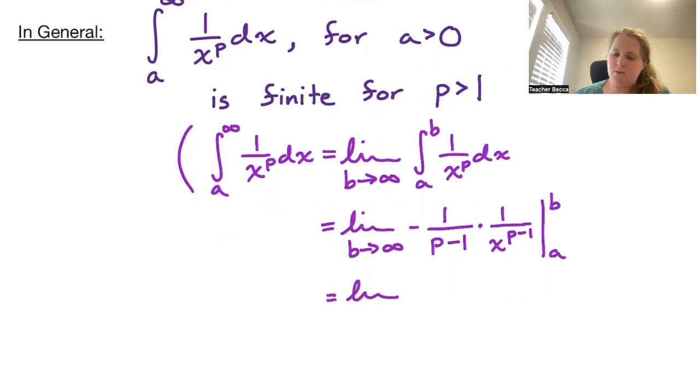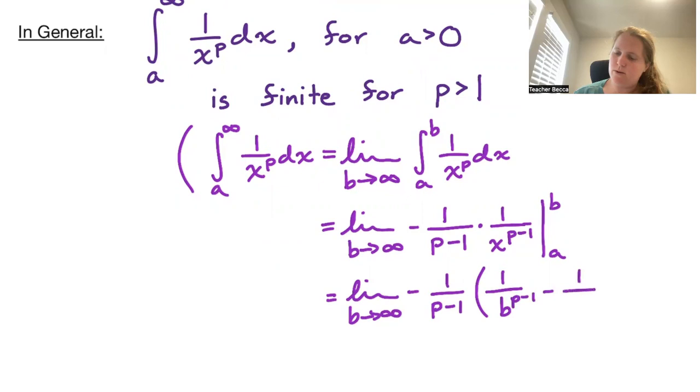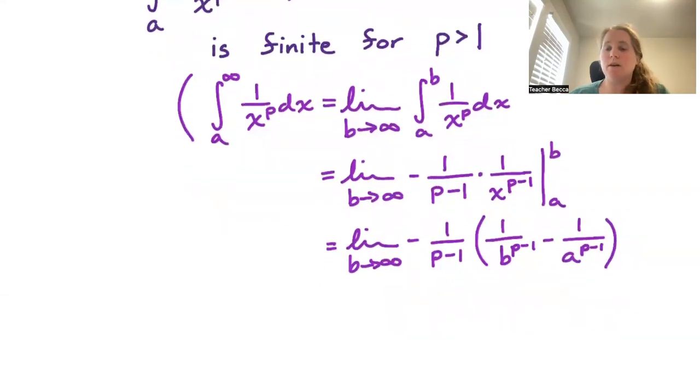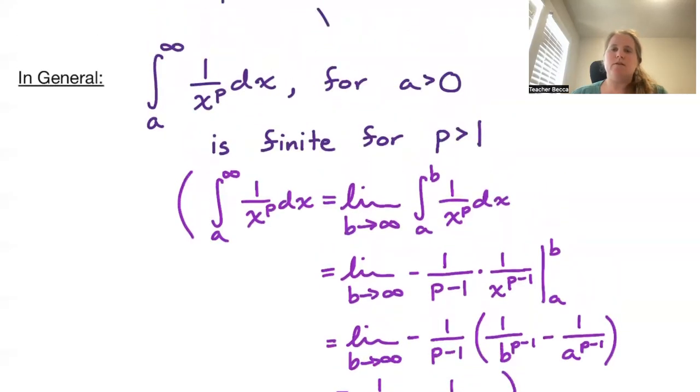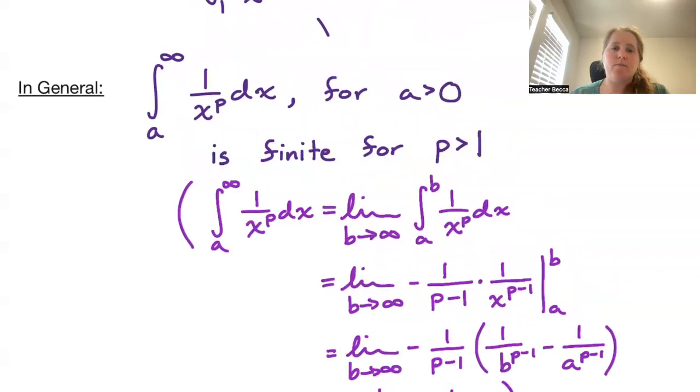This will be the limit as b goes to infinity of negative 1 over p minus 1 times 1 over b to the p minus 1 minus 1 over a to the p minus 1. And as b goes to infinity, that 1 over b to the p minus 1 will go to 0. And so we wind up just with 1 over p minus 1 times 1 over a to the p minus 1. Right? So this is finite when p is greater than 1.